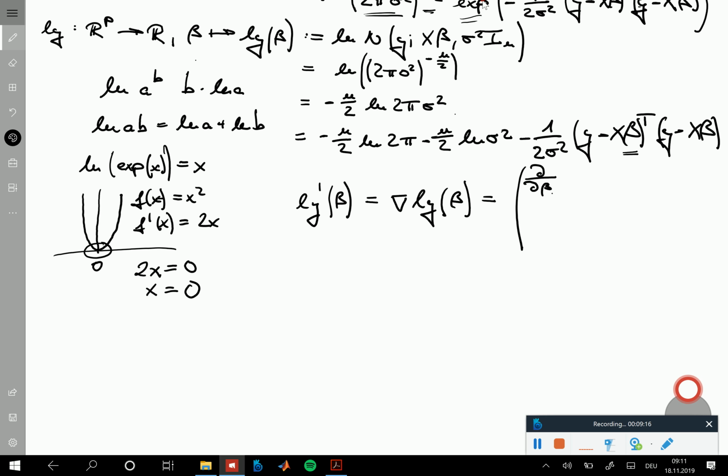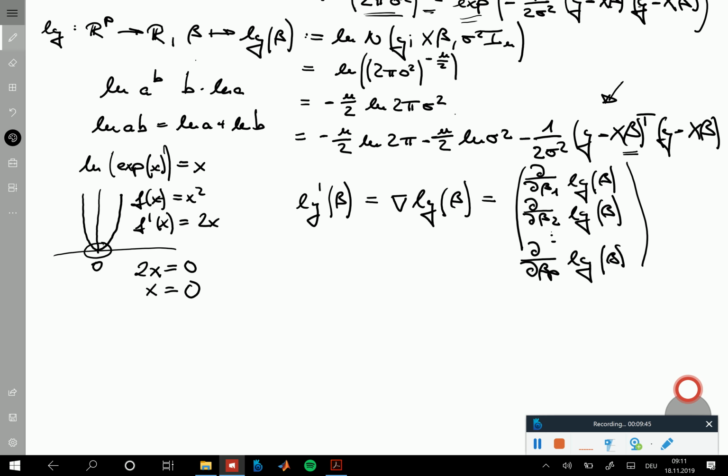If you compute the derivative of this function with respect to beta 1, that's the first entry in the gradient vector, and the second entry is the partial derivative with respect to the second beta, and so on until the pth beta, because there are p parameters.